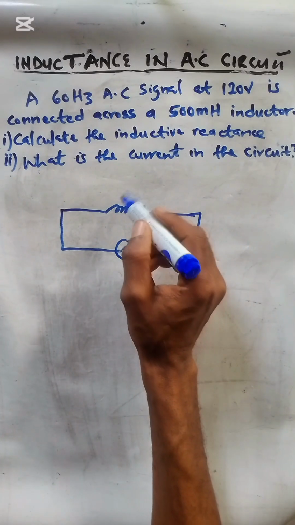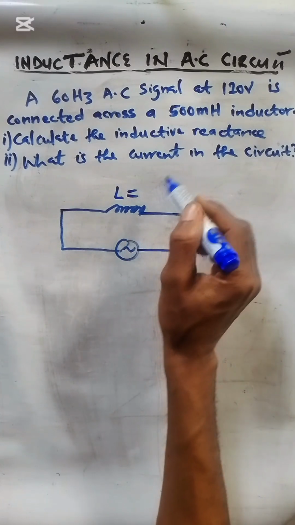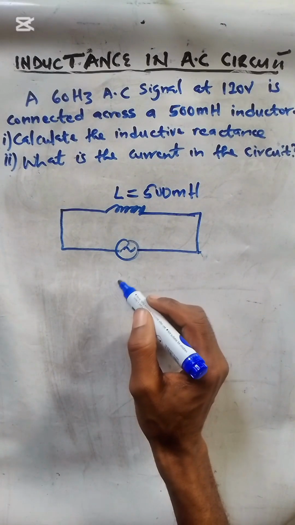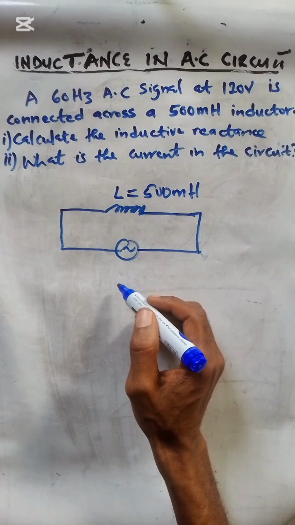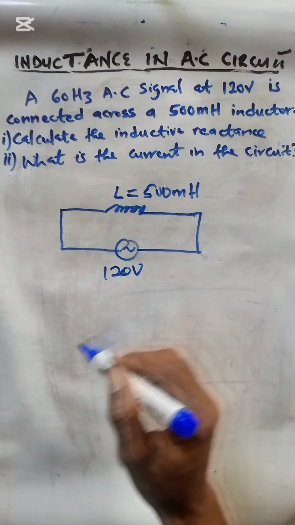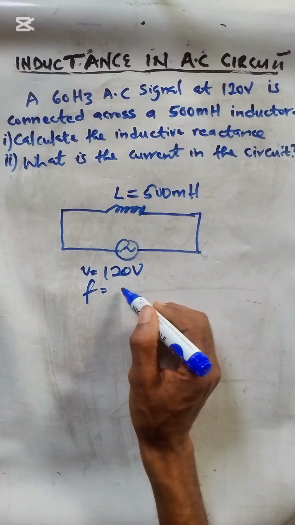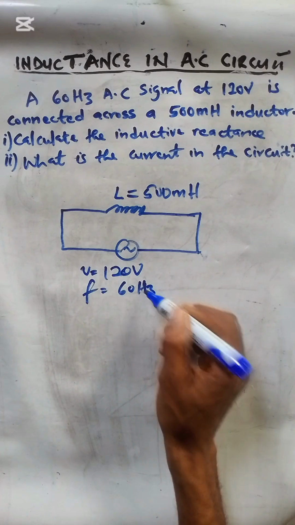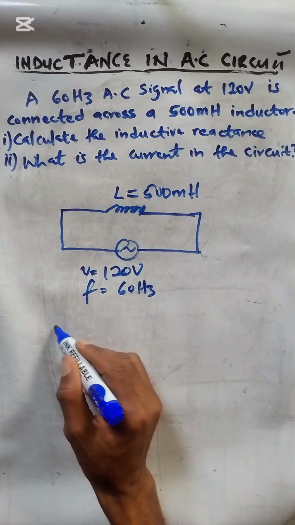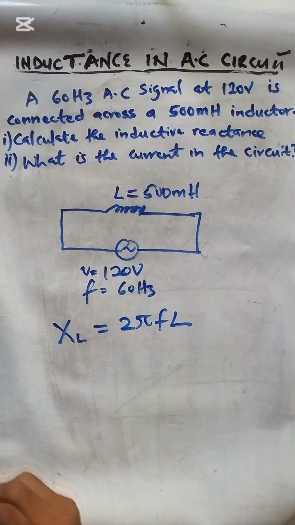Our L from the question is 500 millihenry, our voltage is 120 volts, and we have our frequency of 60 Hz. Calculate the inductive reactance. Our inductive reactance X subscript L is equal to 2 pi FL.